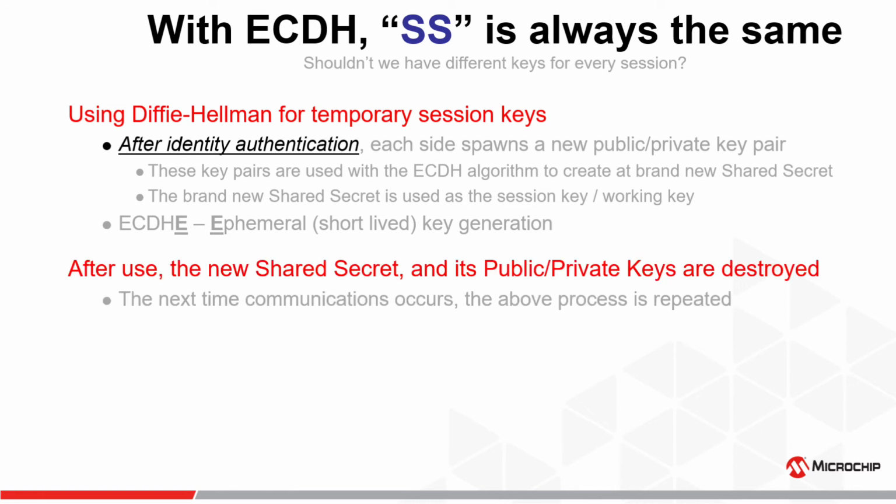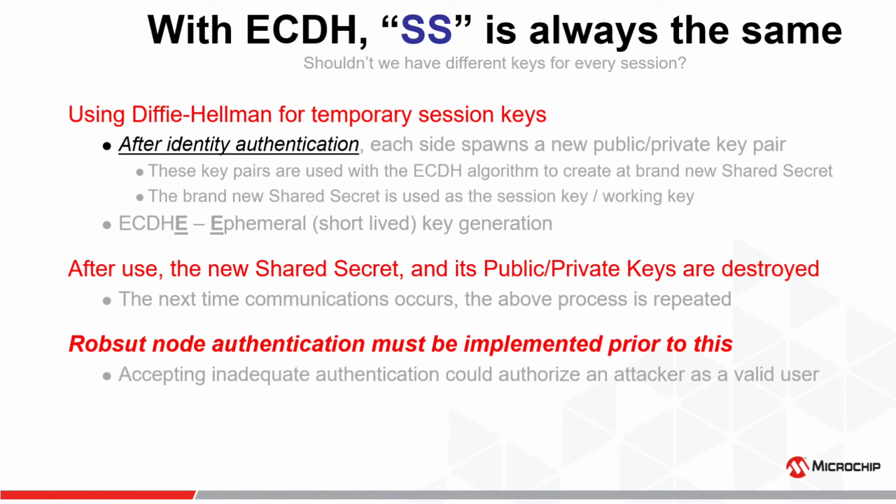Once used, the shared secret, along with the public-private keys used to create it, are completely destroyed. And the next time communication occurs, that process is repeated. Robust node authentication must be implemented prior to this because you would not want to authenticate potentially an adversary to create a shared secret with you.